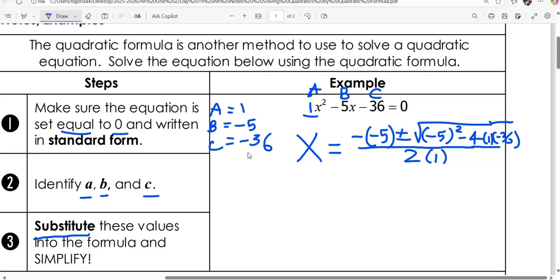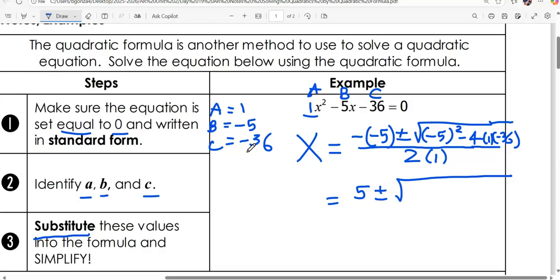Now, there are 3 things I want you to simplify. So, first things first. Right here, the negative 5 is going to turn into a positive 5, right? So just put regular old 5 plus or minus square root. Now, here's what I want you to do. Do you see everything under the square root sign? That's called the discriminant. It does discriminate how many solutions you have, okay?